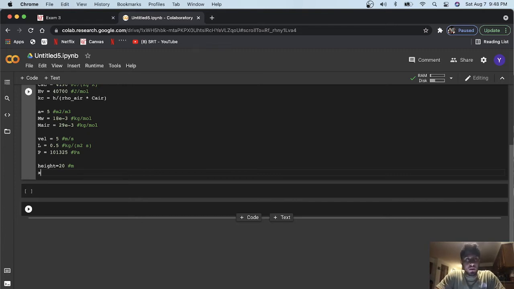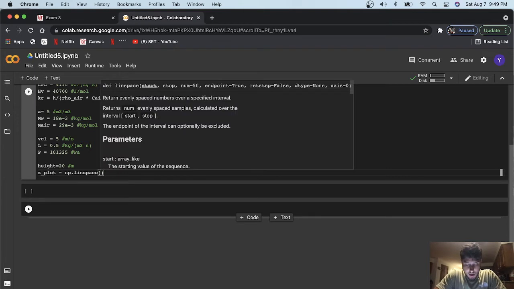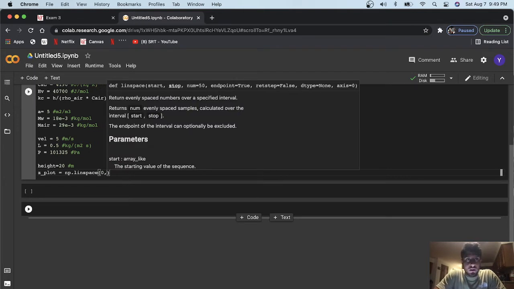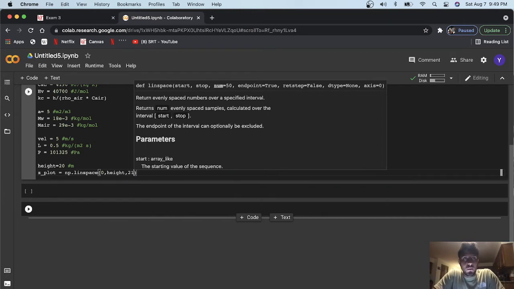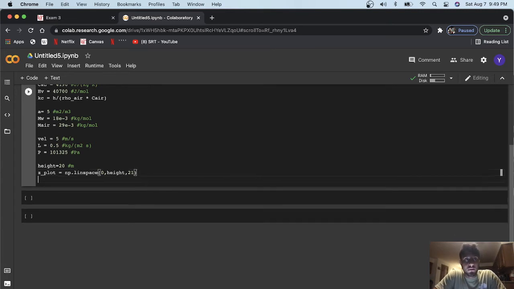We're going to name a variable z plot, and we want to call np.linspace, and we want evenly spaced values from 0 to 21 with the height that we're going to have.